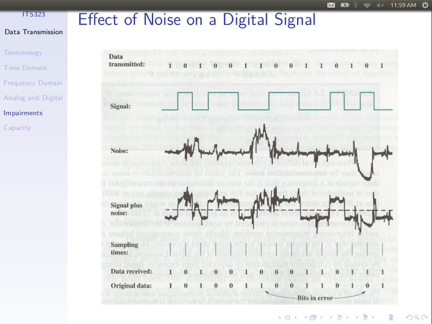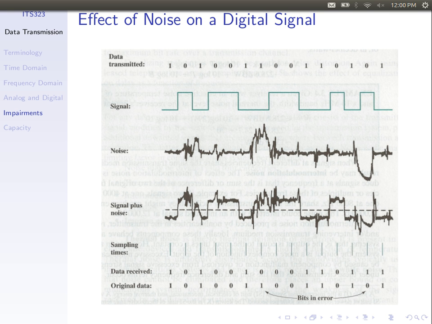Look closer at our scheme here. Transmit +1 volt, receive +0.7 volts. The receiver assumes, okay, it's still close to +1. It's within this range. Therefore, it's still a bit 0. That's correct.